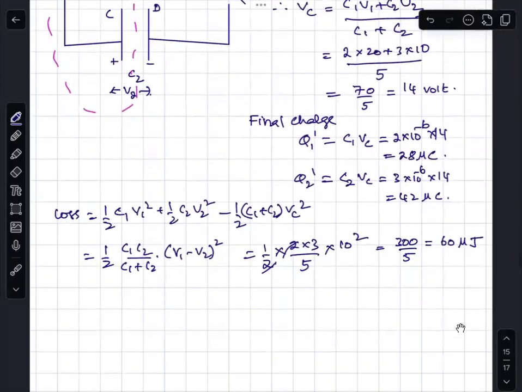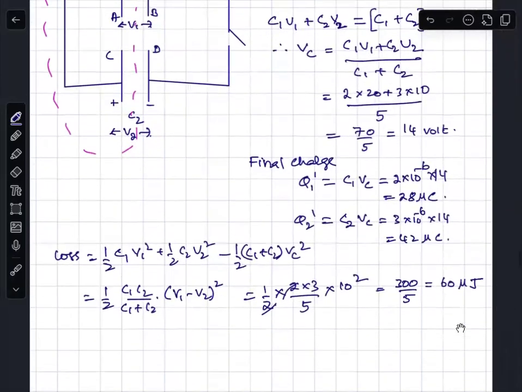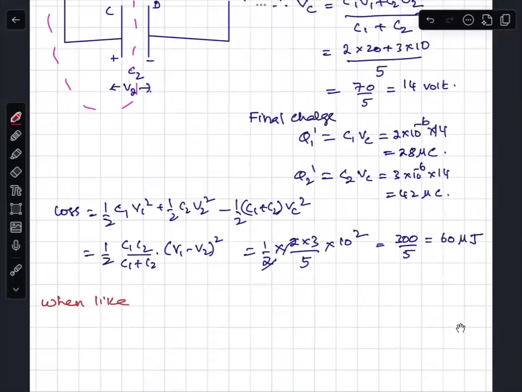So if two capacitors initially charged have like plates connected, remember in this, when like plates are connected, what is the expression for loss?